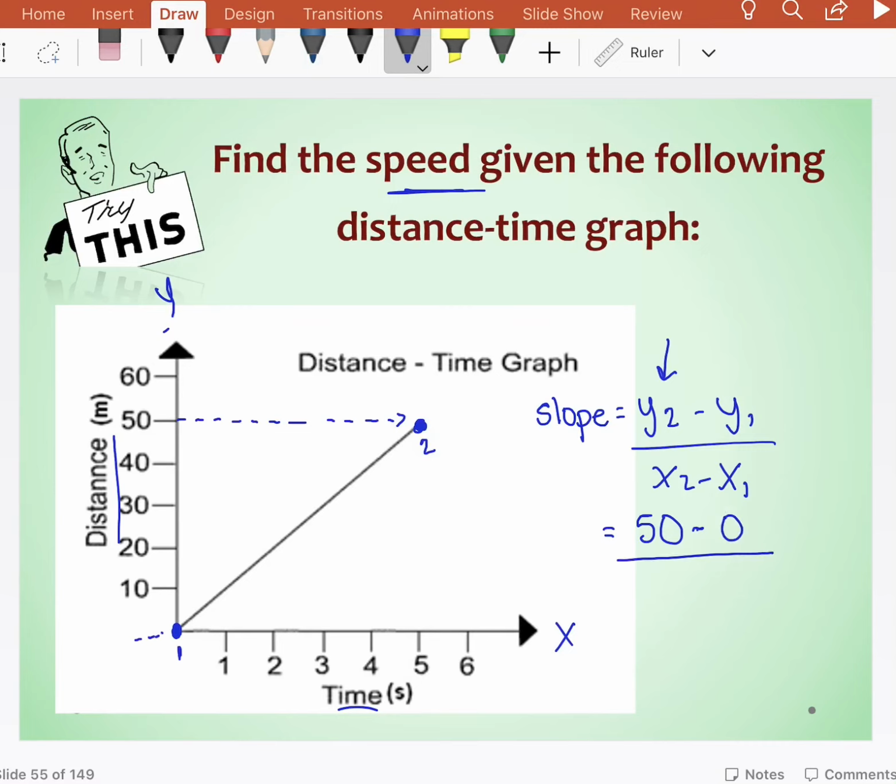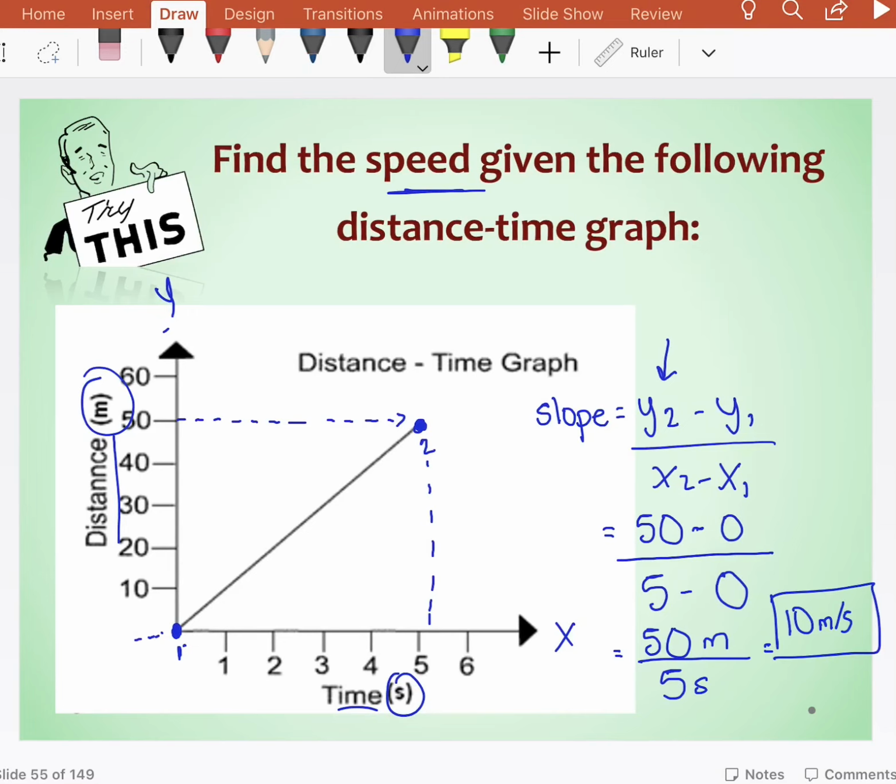And I divide this by the x-axis value of point 2, which is 5, minus the x value of point 1, which is 0. So that becomes 50, and I'm going to plug in my units here. The y-axis is meters. 50 meters divided by 5 seconds is equal to 10 meters per second.